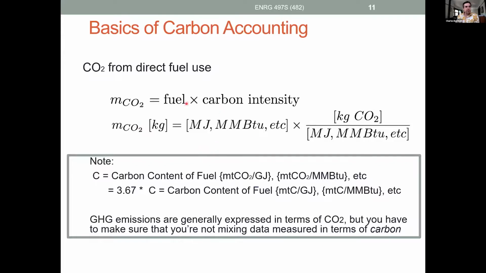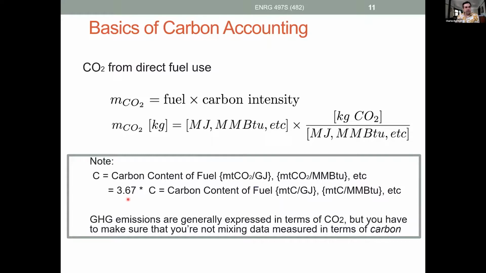And so the amount of fuel consumed, that's something you would get from your client if you were a consultant trying to calculate the carbon for something, or for the sake of this class, if we're looking at the emissions from the city of Bellingham, or lack of emissions due to COVID-19, or emissions of Huxley College of the Environment, we would say, well, how much fuel was used, then multiply it by its carbon intensity.